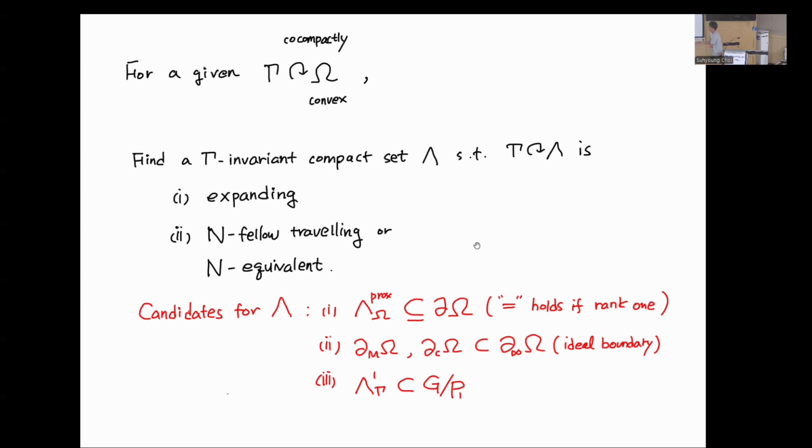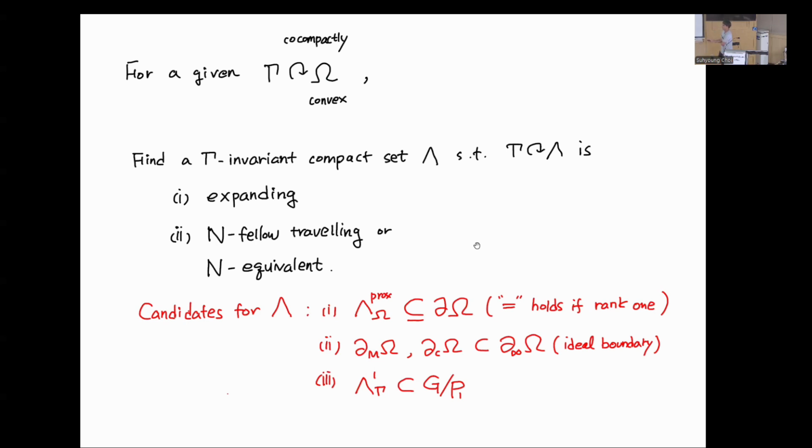Second, you can think of the Morse boundary or the contracting boundary inside the ideal boundary of the convex domain. Here the Morse boundary and the contracting boundary are a kind of expanding boundary for the gamma action.